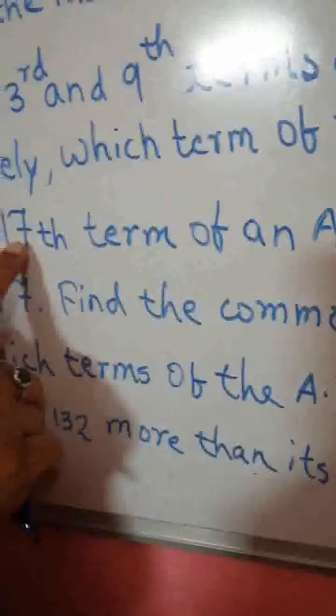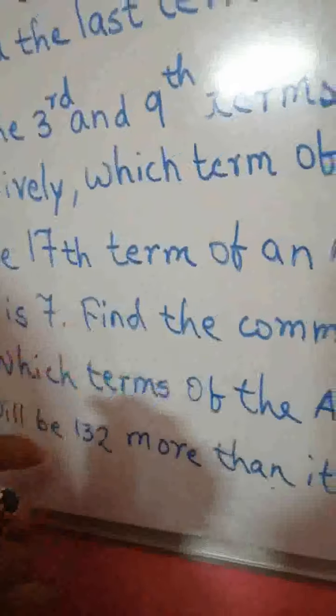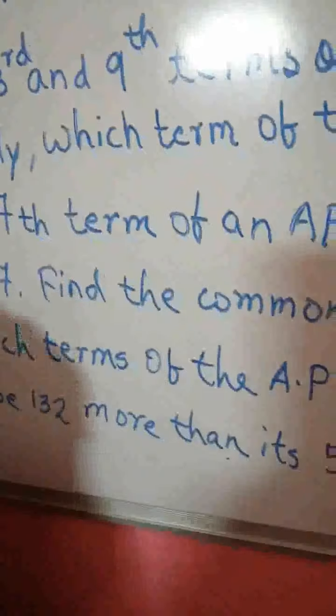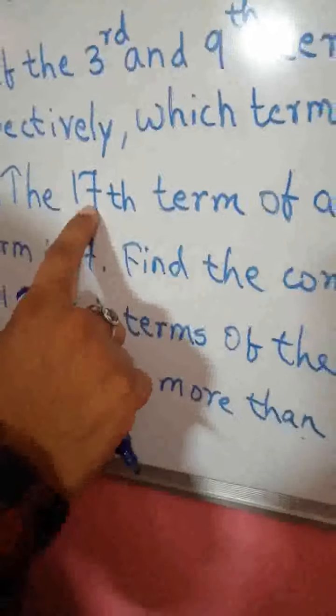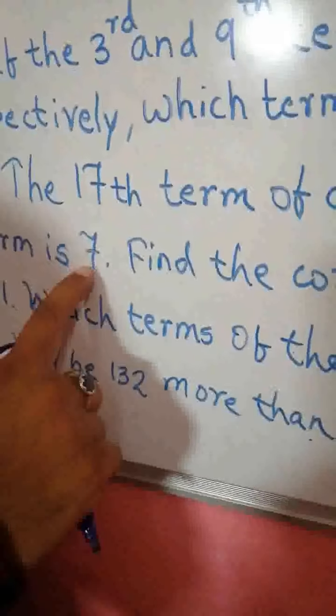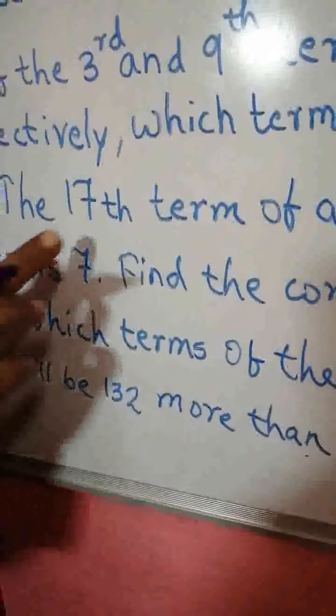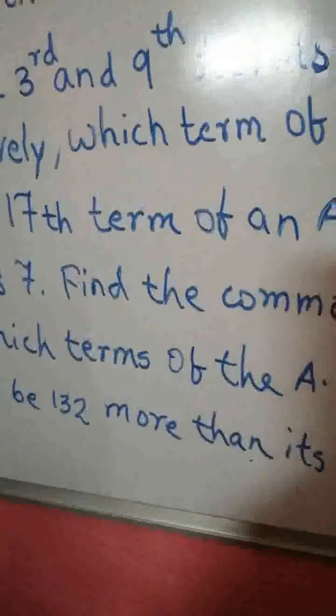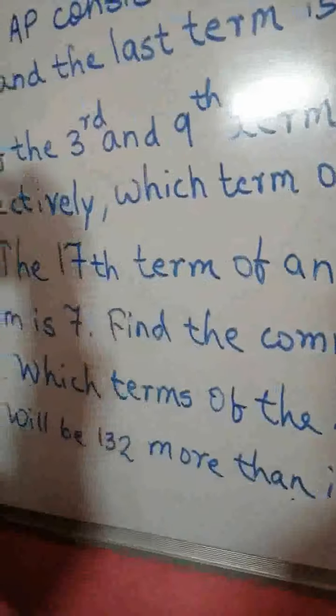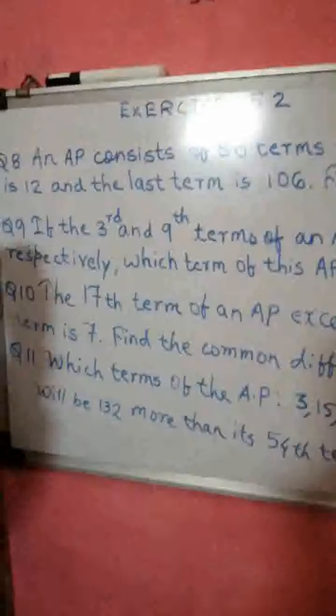Meaning if the 17th term is compared to the 10th term, it is 7 more. Find the common difference. If we subtract the 10th term from the 17th term, the answer will be 7.